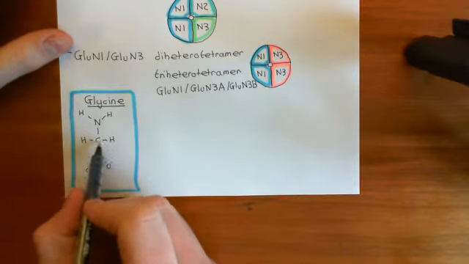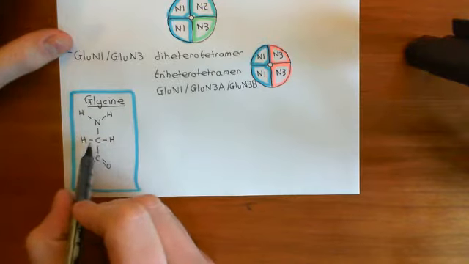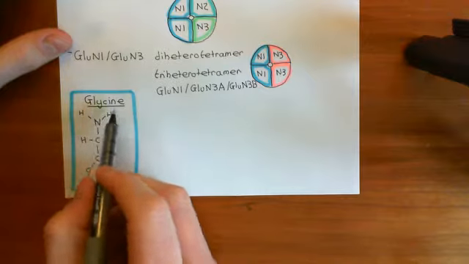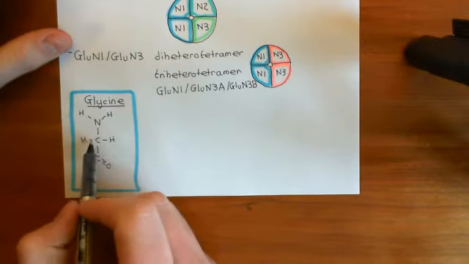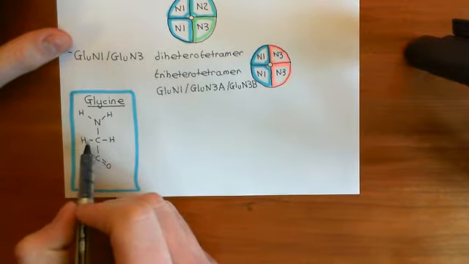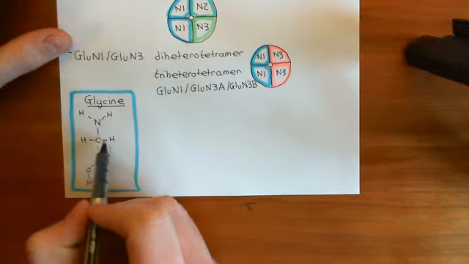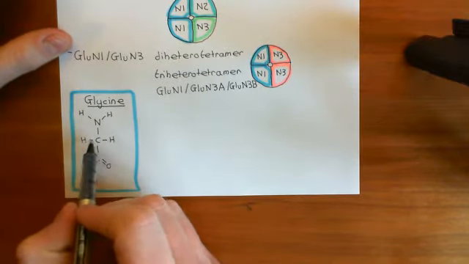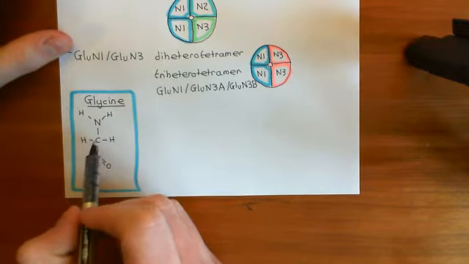It's not a chiral center in the case of glycine, which is why you don't need to worry about whether this is L or D glycine. There's no such thing. There's only one type of glycine because this carbon isn't a chiral center. In order to be a chiral center, you need to have 4 different groups coming off it. This carbon has 2 identical groups in the form of these 2 hydrogens, and that means that it doesn't have 2 different optical isomers.